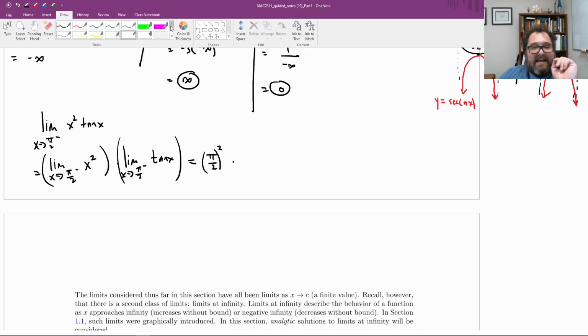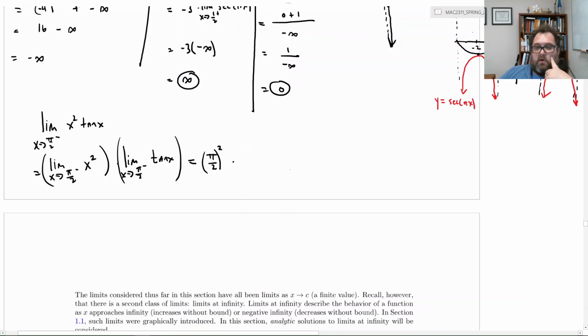Now, what's this second limit equal to? Well, what's the limit of tan as x approaches pi over 2? We need to know what tan looks like. So let's see. Tan has asymptotes at like pi over 2, at say negative pi over 2, at 3 pi over 2, at negative 3 pi over 2.